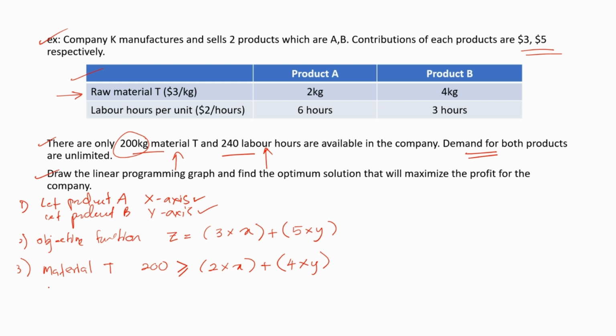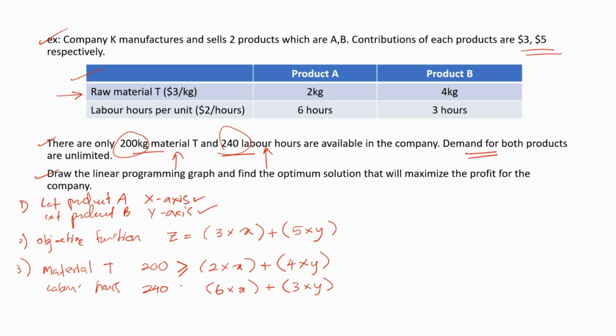Now let's do this for labor hours. They have only 240 hours of labor, and product A uses 6 hours of labor, and they are going to produce X number of product A's. Plus, product B uses 3 hours of labor, and they are going to produce Y number of product B's.